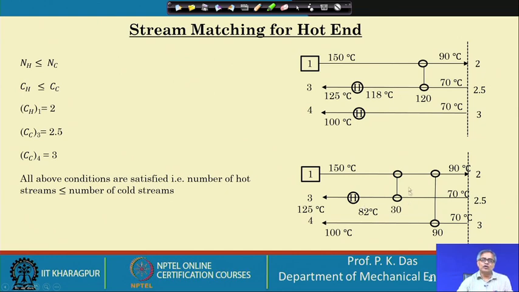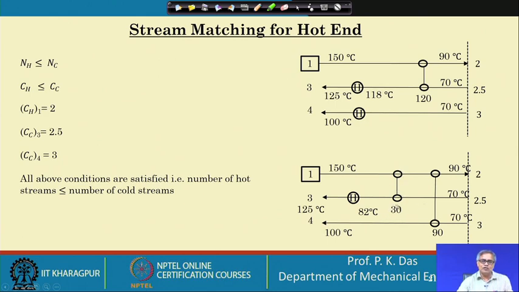Here 30 kilowatt of heat can be extracted. So, 30 kilowatt here, 90 kilowatt here, that means 120 kilowatt. 150 degree is to be cooled to 90 degree Celsius, temperature difference is 60, 60 into 2, that is 120, and 120 has exactly been taken from the hot stream.